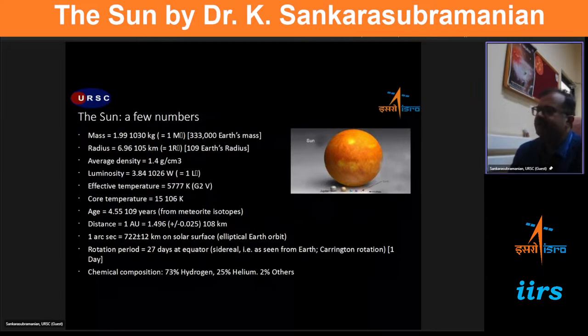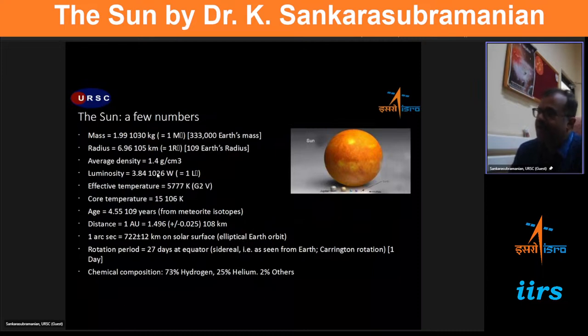It's not very different. The luminosity is, of course, sorry for the numbers, 3.84 times 10^26 watts. The effective temperature is roughly around 6,000 degrees Kelvin.